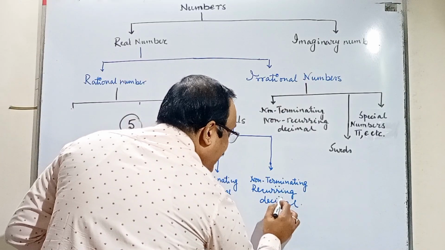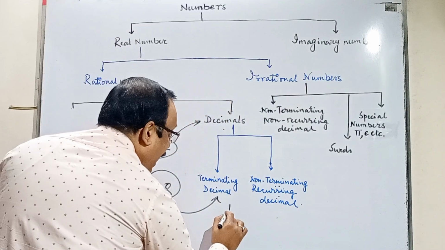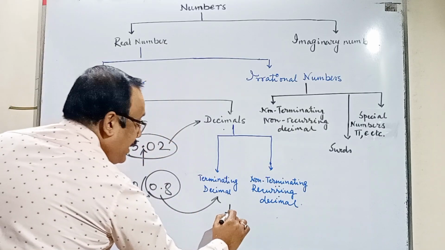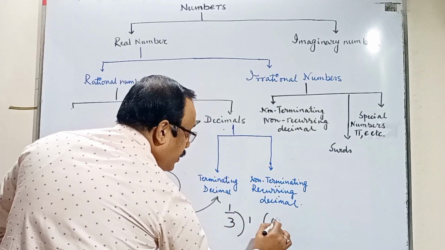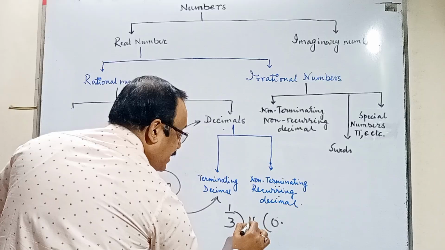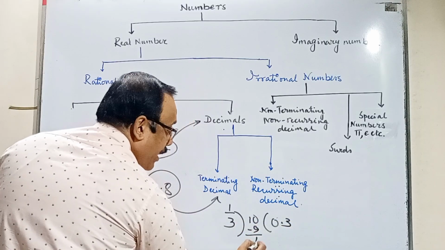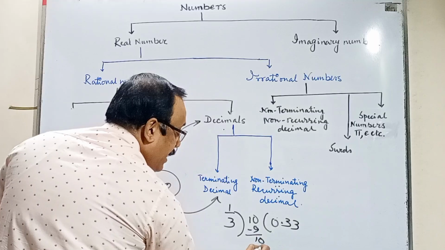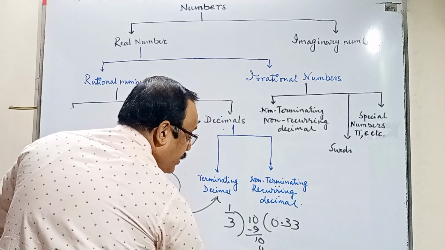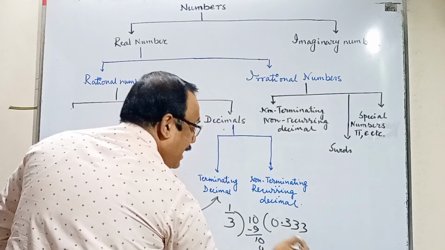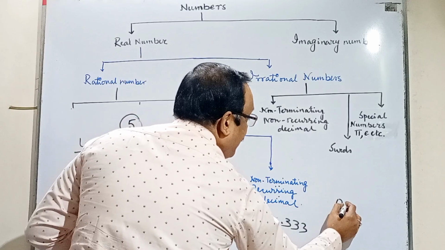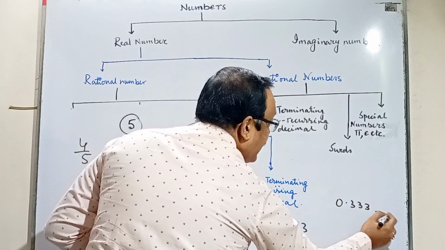What is a non-terminating recurring decimal? Say I've got the number 1 by 3. If I divide 1 by 3, I get 0, then with the decimal point I get 0.3, 3 times 3 is 9, I subtract and get 1. Again a point 0, again 3 times 3 is 9, I get 1. Like that, I am getting 0.33 and it continues.